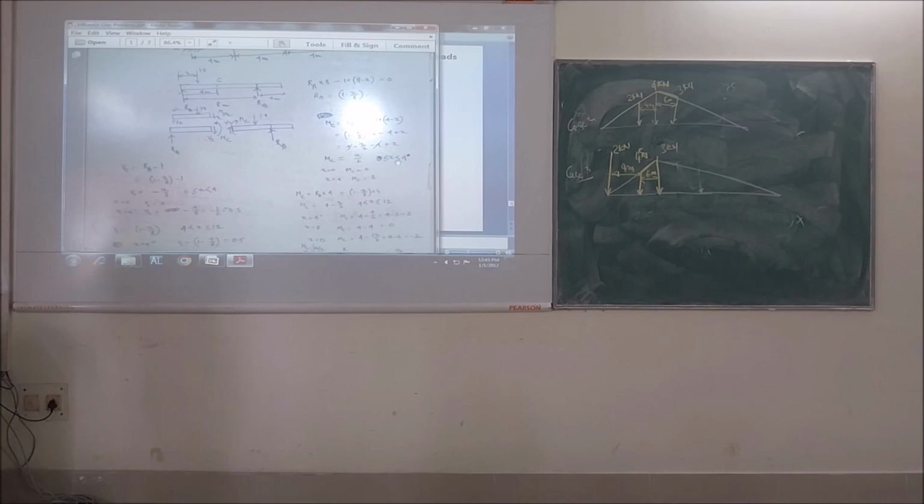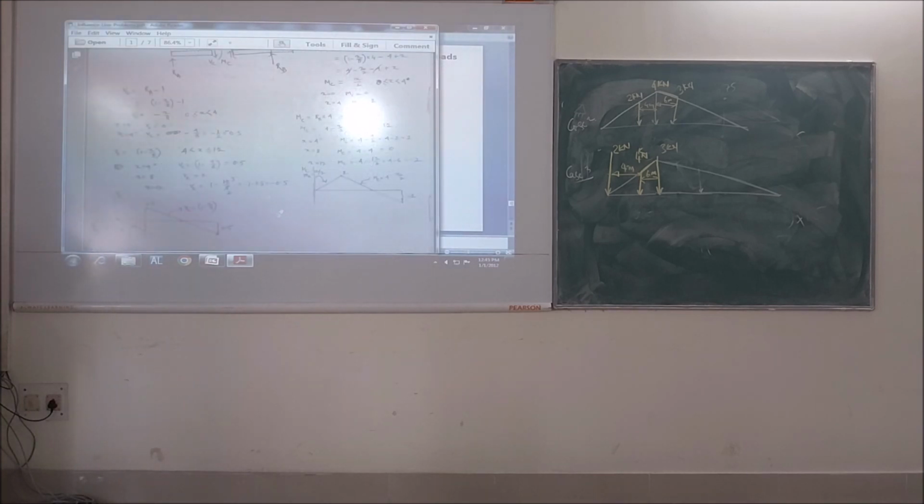So if I now start plotting it, how do I get it? I get here it is 0 and it is a straight line. Why is it a straight line? It is x by 2. You understand why it is a straight line? Always you will get the equation of a straight line. x by 2 is nothing but mx, where m is equal to half. So you get a straight line like this, right?